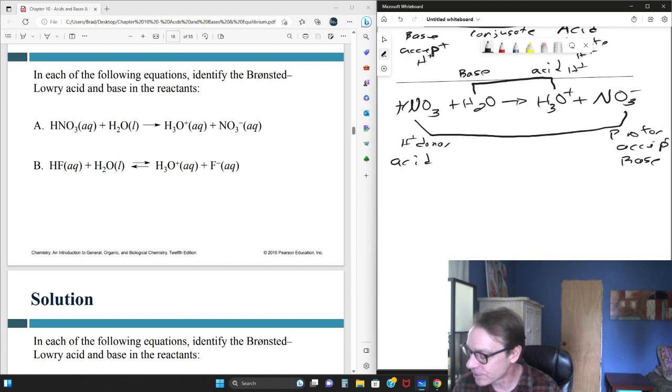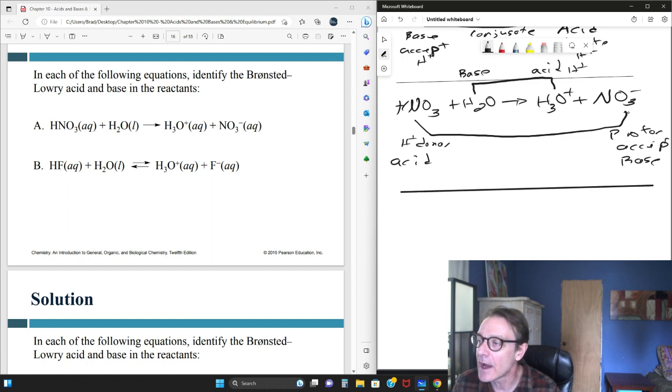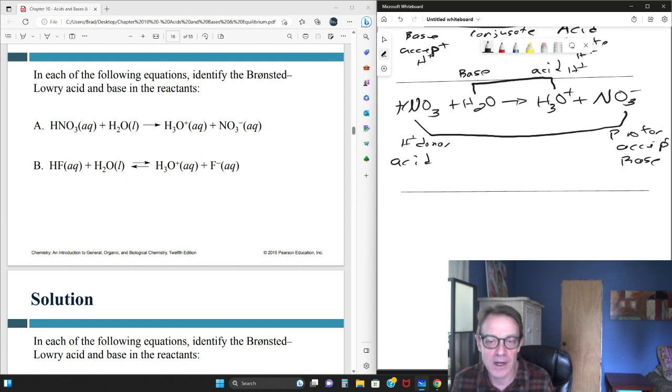Okay, well, let's work through some more examples here. The concept I'm trying to drive home is following the protons in each of the conjugate pairs.